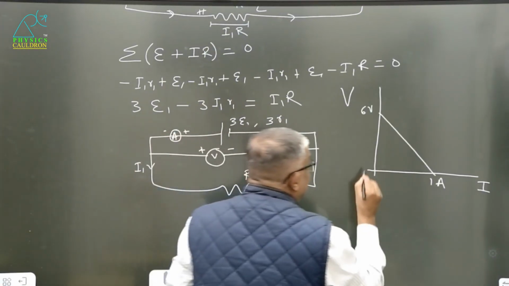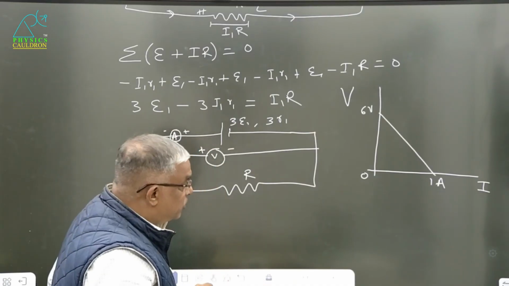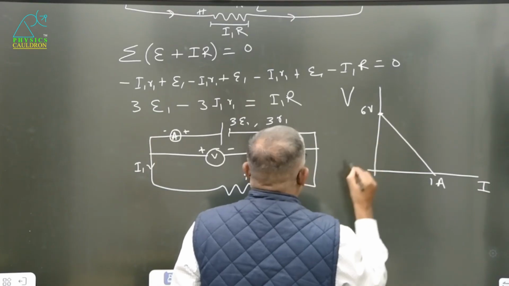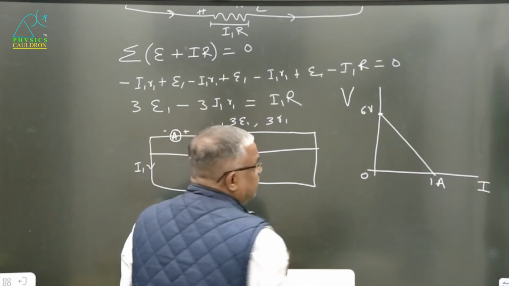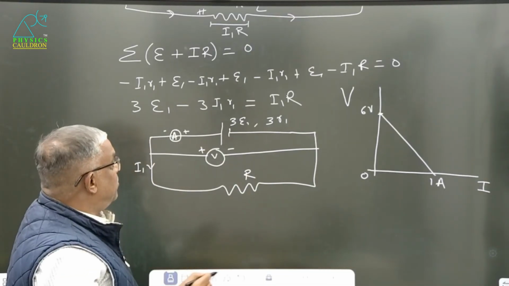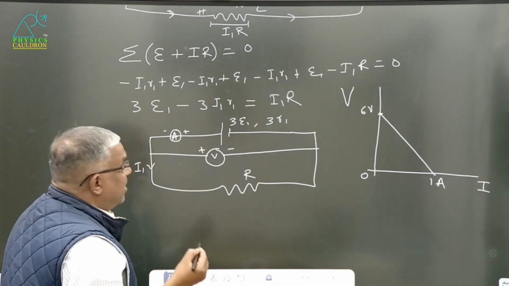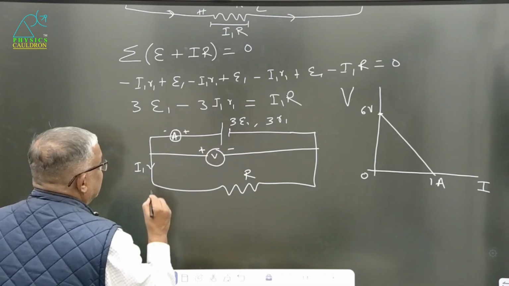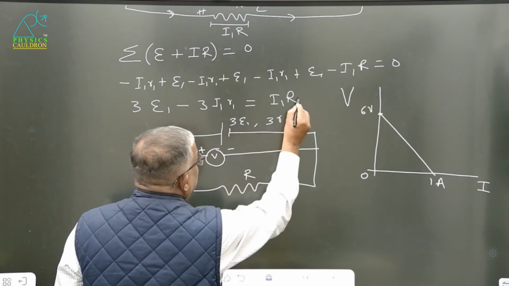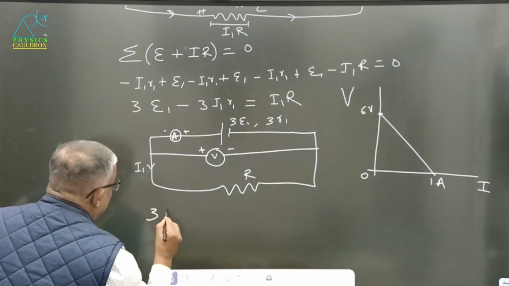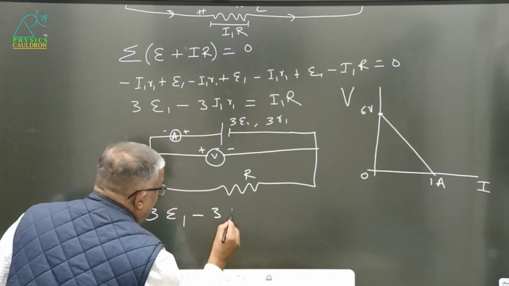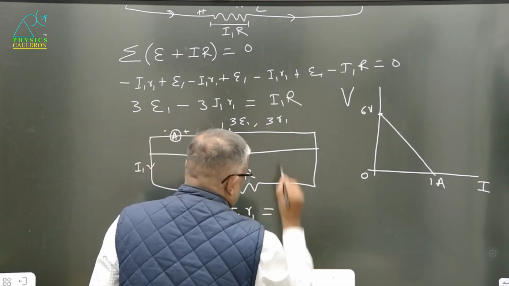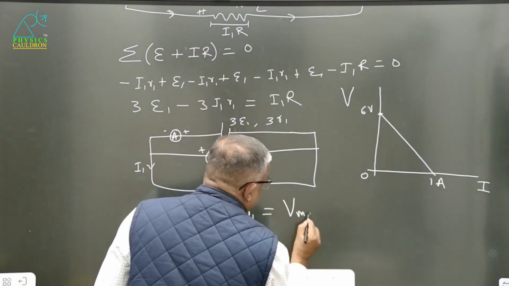Now, how do we read this graph? Firstly, the maximum possible potential difference across the terminals of the cell is 6 volt. By definition, I can write 3 E1 minus 3 I1 R1 equal to V maximum.